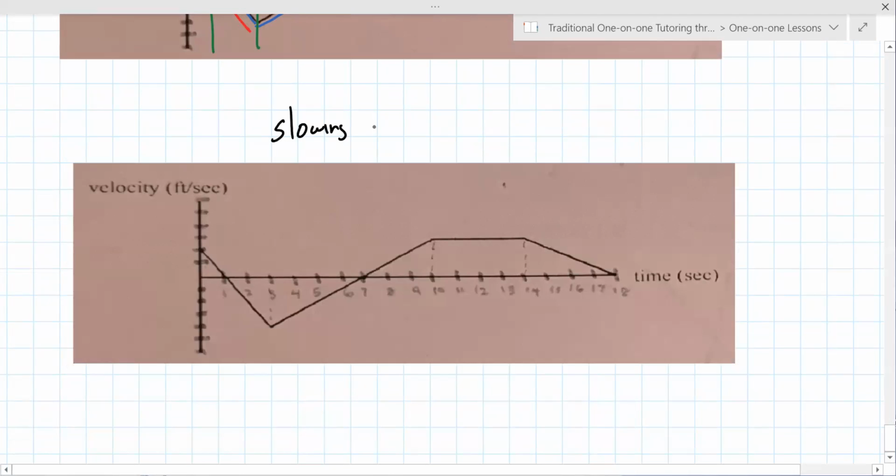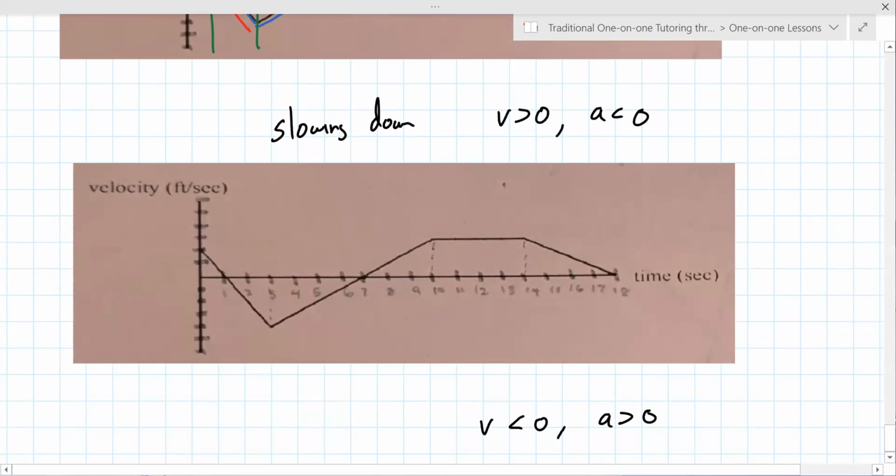Okay, so it's slowing down, and there's two cases for that. It's when, I'm sorry, when velocity is positive but acceleration is negative, or it's when velocity is negative and acceleration is positive.